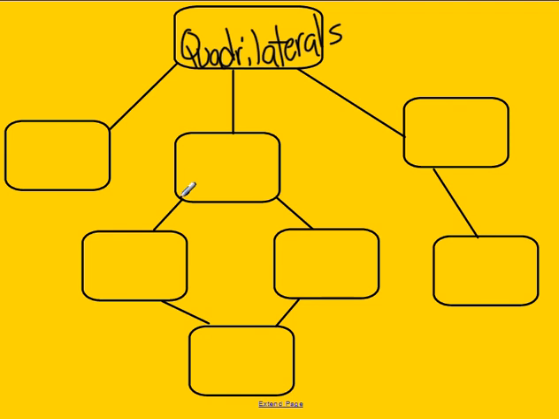So directly under quadrilaterals, I want you to put parallelogram. And on this line right here, I want you to write two sets of parallel lines. If something's going to be in this section of the chart, it has to have two sets of parallel lines.